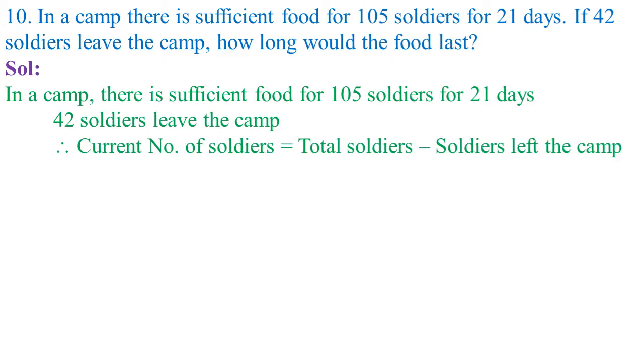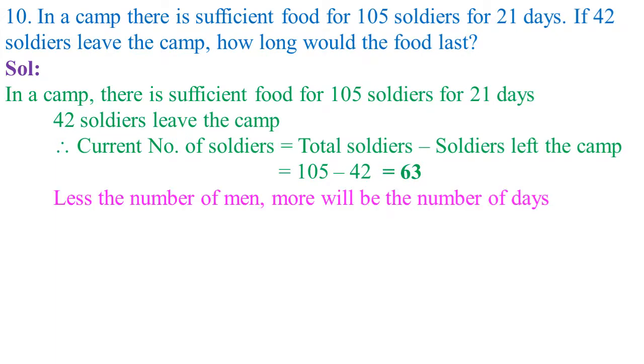So, current number of soldiers equals total number of soldiers minus soldiers who left the camp. 105 minus 42. So the current number of soldiers is 63.